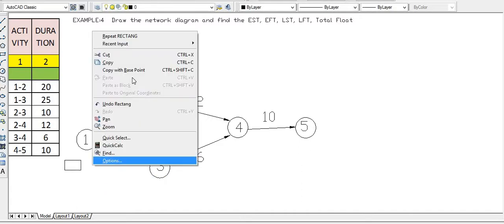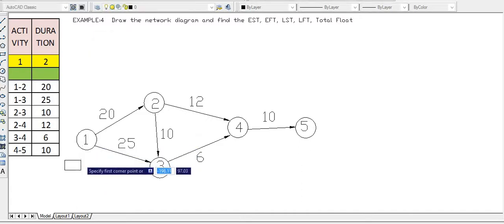Yes, earliest start time. So these two we will denote. First box we will denote as earliest start time. Next box we will denote as the latest finish time. We will write it down here also, so that there will not be any confusion.